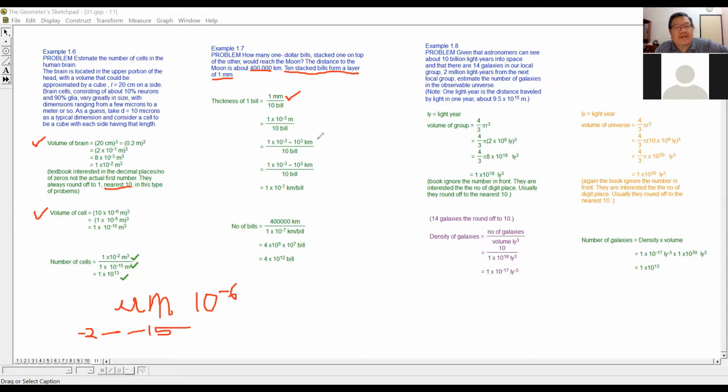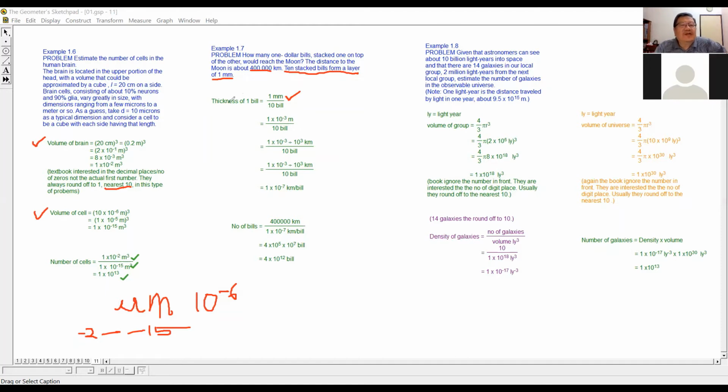So if I use kilometer for the thickness of one note, here we call it note, they call it bills, and divide the distance by the thickness of one note, then I will know how many pieces of $1 note there are from the earth to the moon.